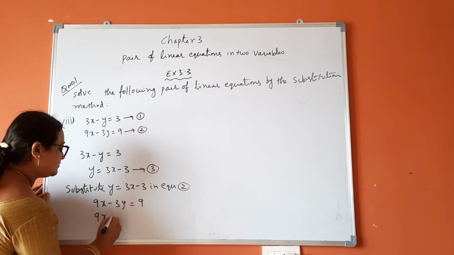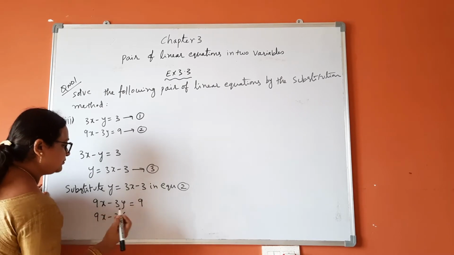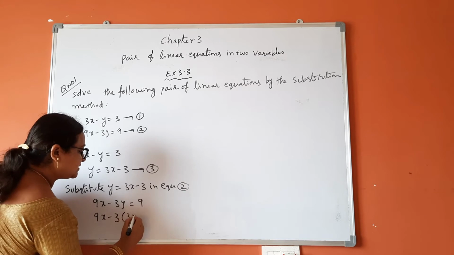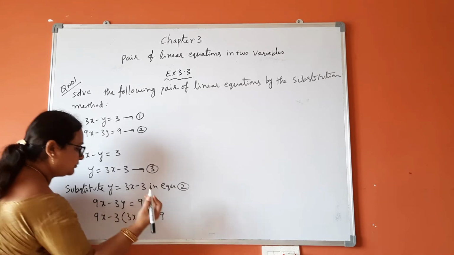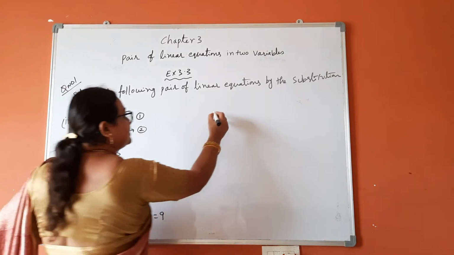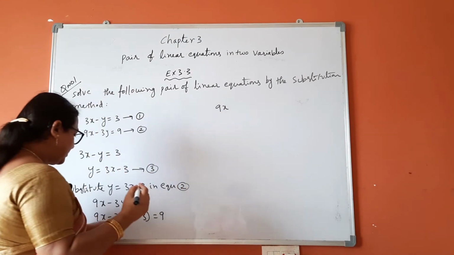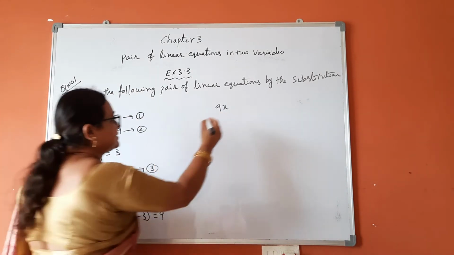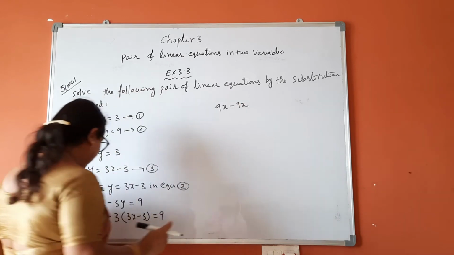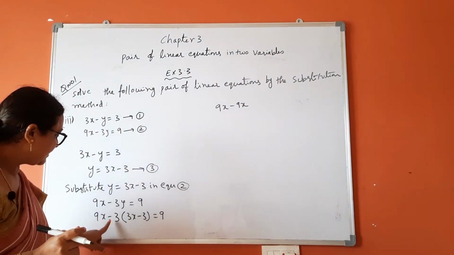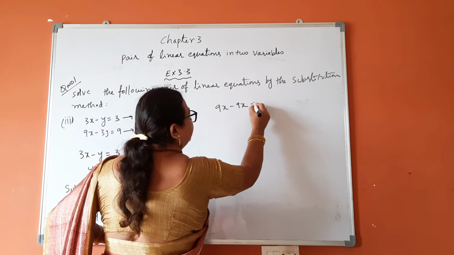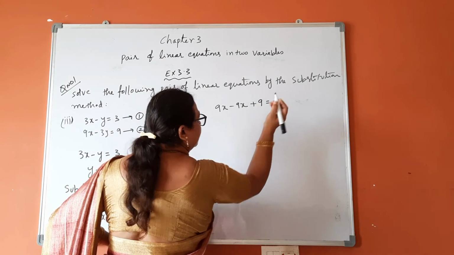So 9x minus 3 into y, that is 3x minus 3, is equal to 9. Now open the brackets: 9x minus 3 into 3x is 9x, minus 3 into minus 3, minus of minus is plus, 3 3s are 9, is equal to 9.